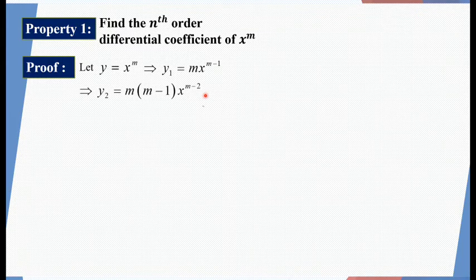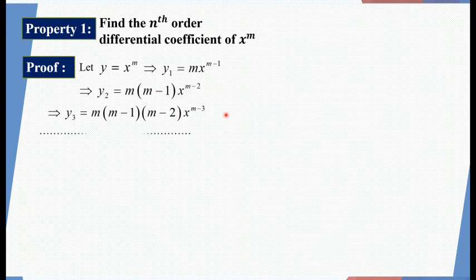Differentiating again with respect to x, we get y3, which equals m into m minus 1 into m minus 2 x raised to power m minus 3. Now see, it is m minus 1, then m minus 2, then m minus 3, then m minus 4, up to m minus n plus 1.